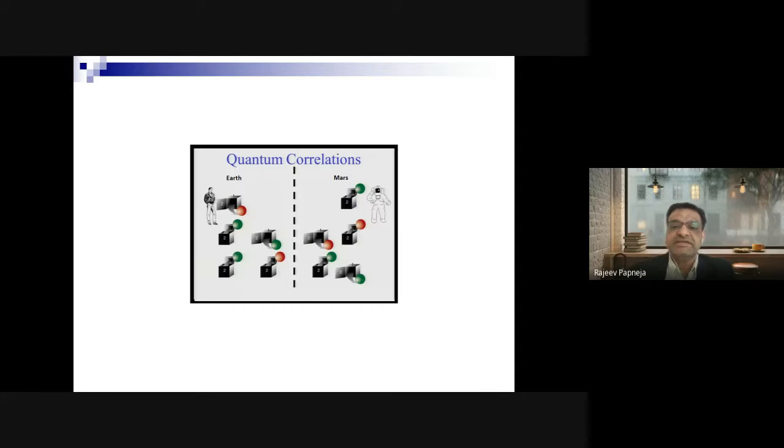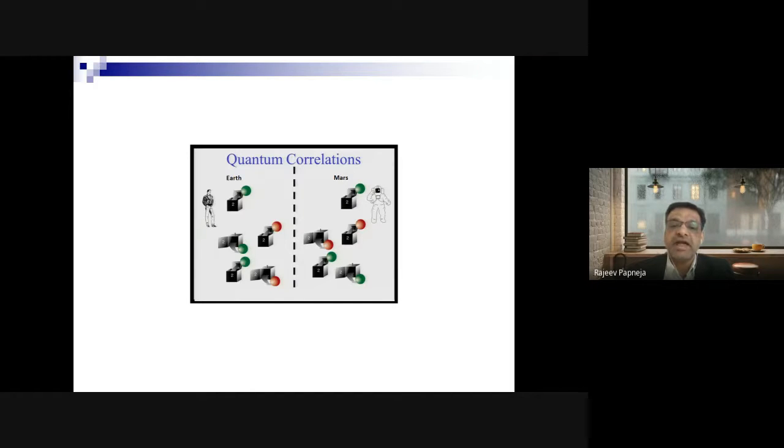The answer in this case is that all the information is actually encoded in the correlation between what happens when you open a box on Earth and when you open a box on Mars. Because out of the special state that we prepared, if my friend and I both open door number 1, I might see a green ball or a red ball.